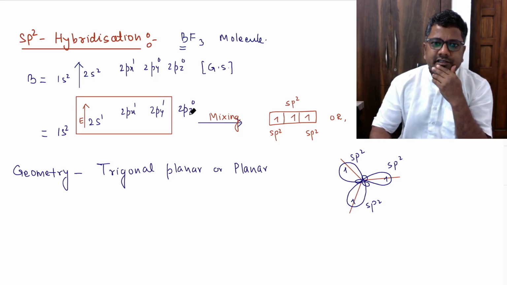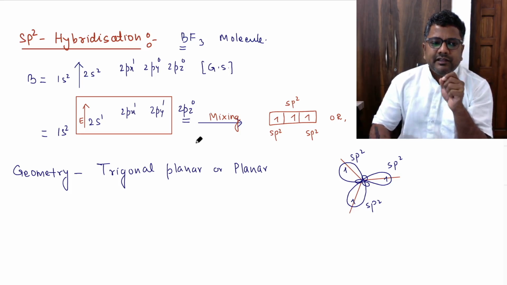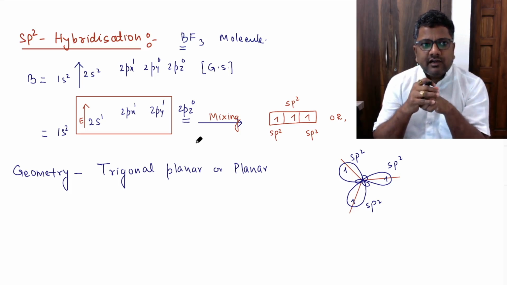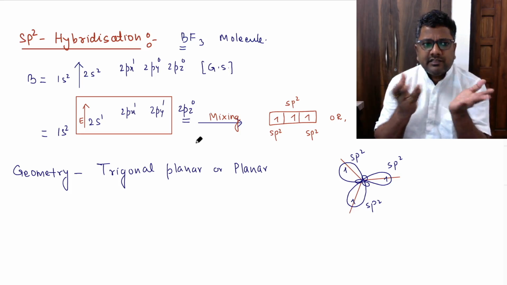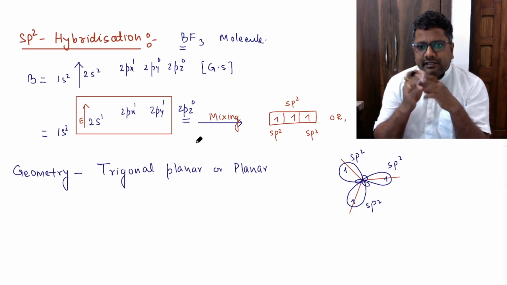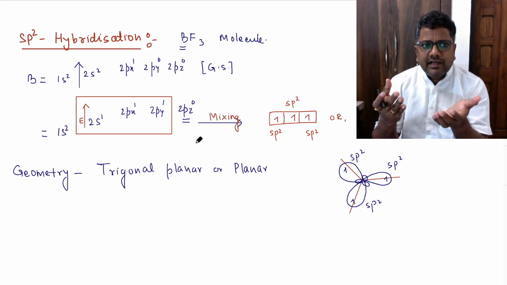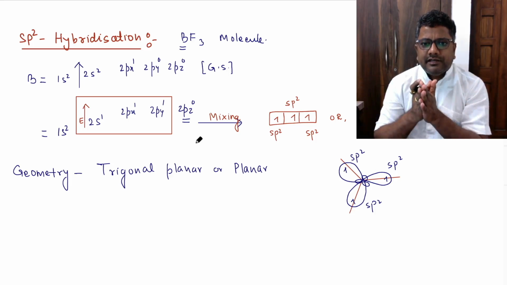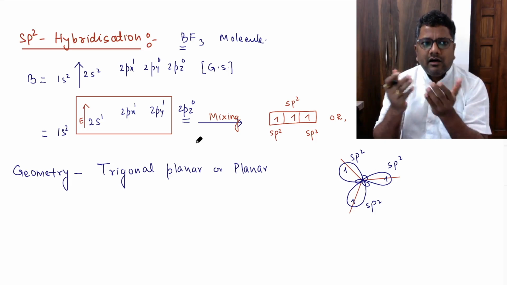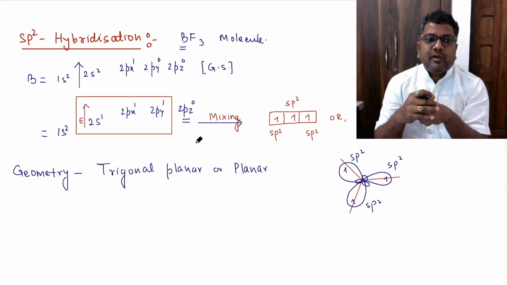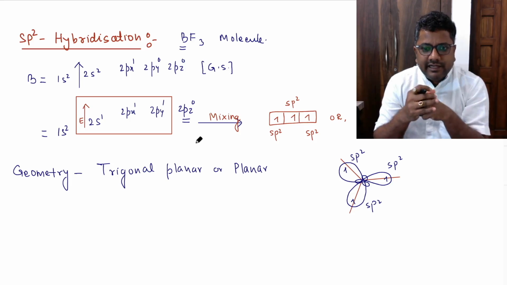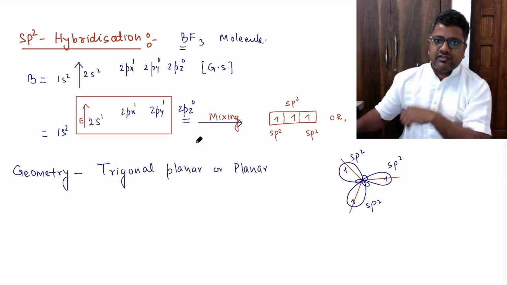What about this p orbital, the pz orbital, or whichever you call px, py? It is left unhybridized on boron, and when required, it may become part of hybridization, or it may form a pi bond with the adjacent atom, because this is an atomic orbital left unhybridized here, right?